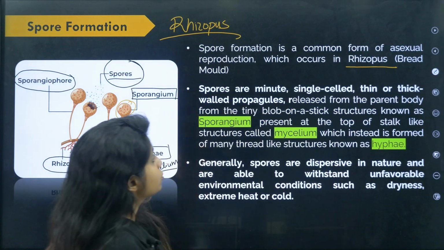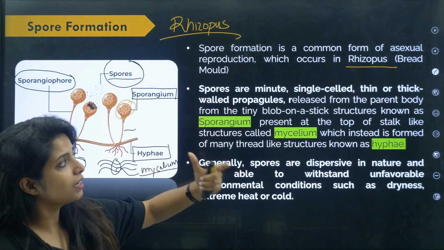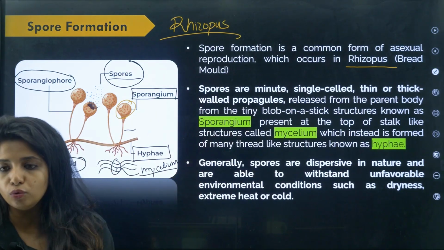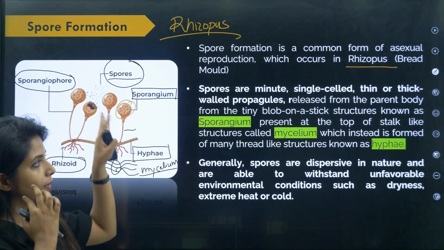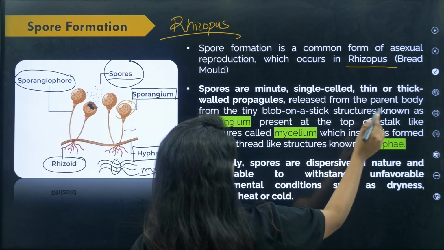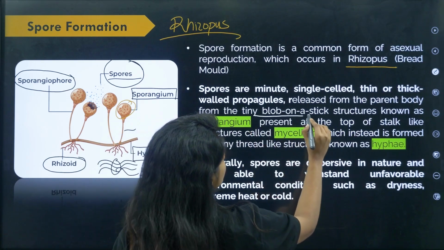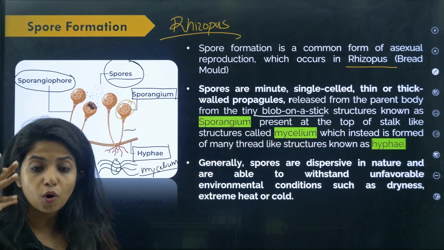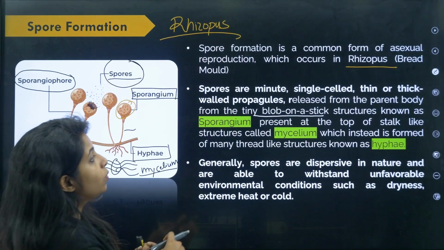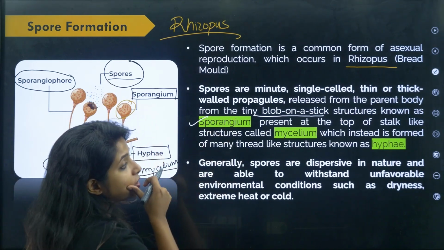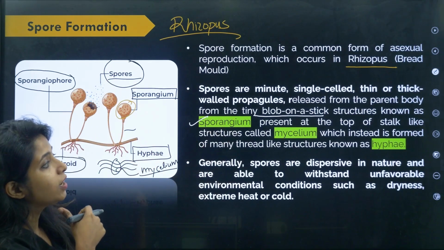Now let's read it. Spores are minute, single-celled, thin or thick-walled propagules. Propagules, as in they are going to give rise to a whole new thing. Released from the parent body, from the tiny blob on a stick. They have mentioned it like this: blob on a stick. The stick is the sporangiophore and the blob is the sporangium, present at the top of the stalk-like structures called mycelium.